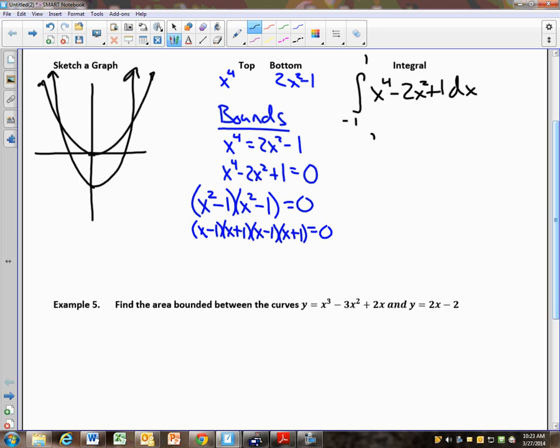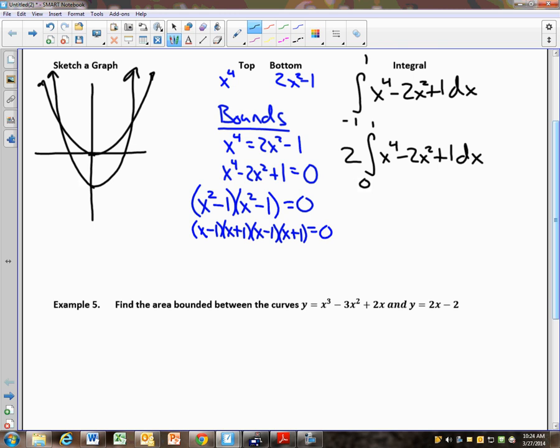If I slice it in half, it would be from 0 to 1 of x to the fourth minus 2x squared plus 1 dx, and you double it. So if you notice that symmetry takes place, I would rather plug in 0 as opposed to plug in -1. Would you guys agree? So this is just going to double the value of the integral, which will give us both sides. If you see that symmetry, go ahead and take that shortcut. It's a nice way to work around it.